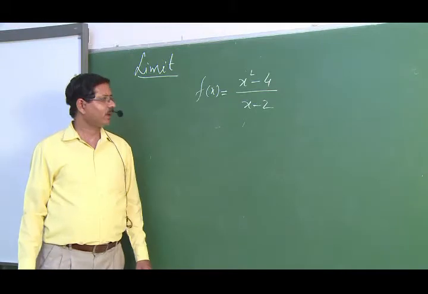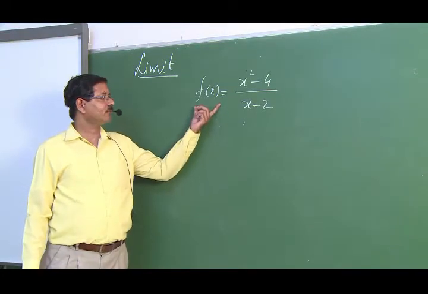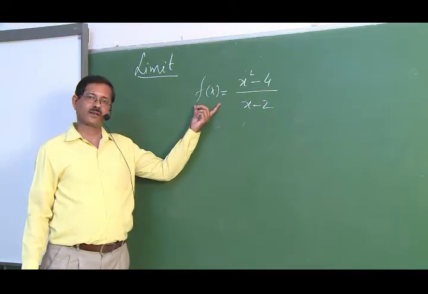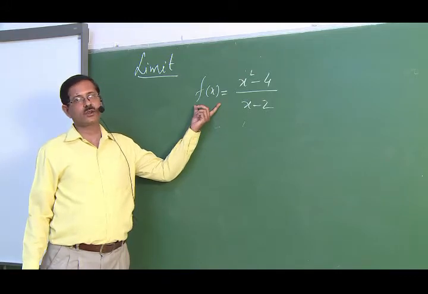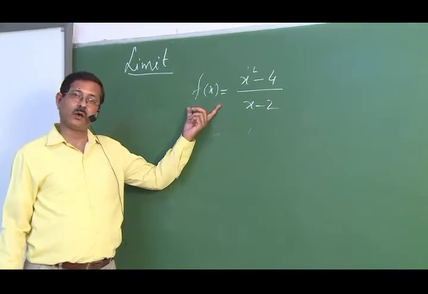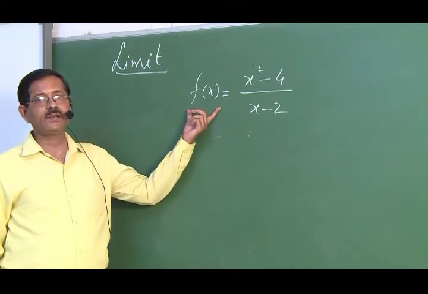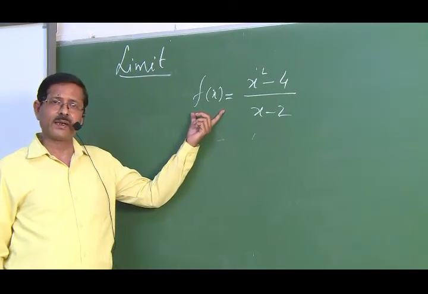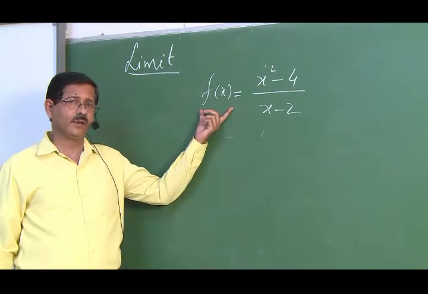Okay. So at x is equal to 2, the value of the function is meaningless, which is 0 by 0. Now our target is to find the value of f(x) at x is equal to 2. So here we use the concept of limit.